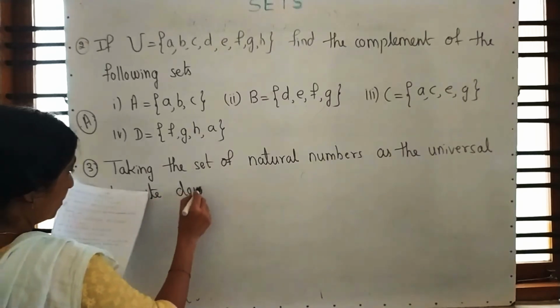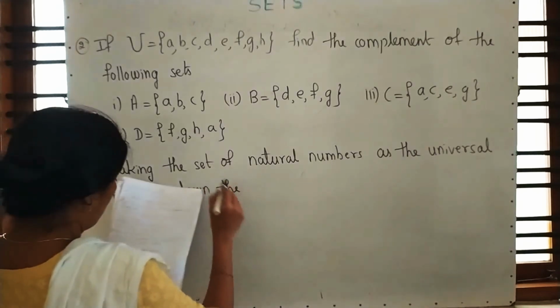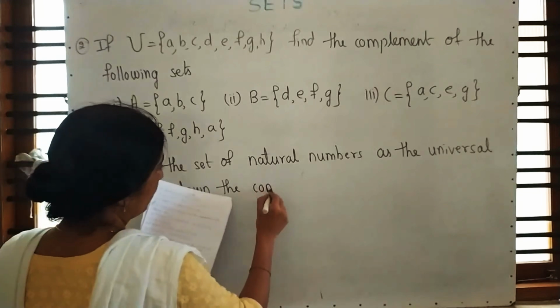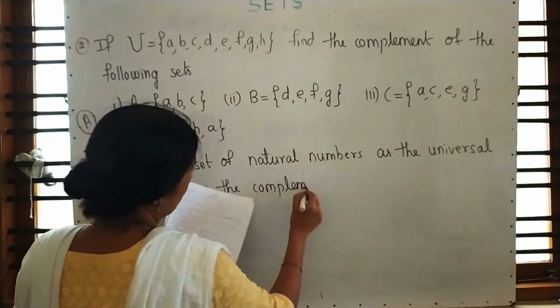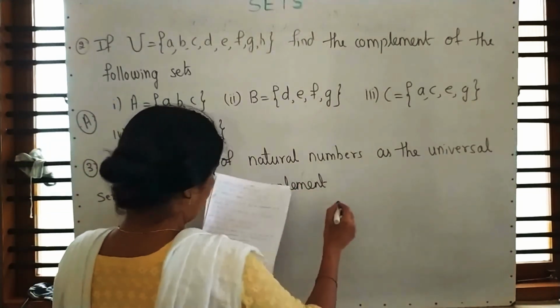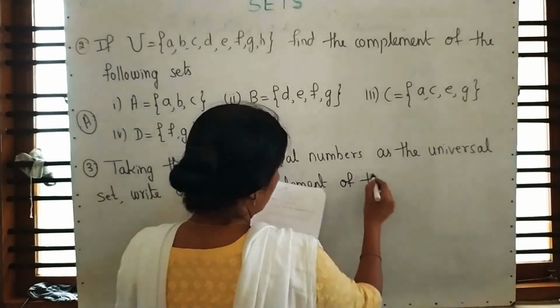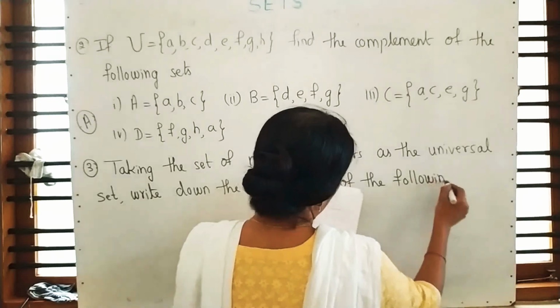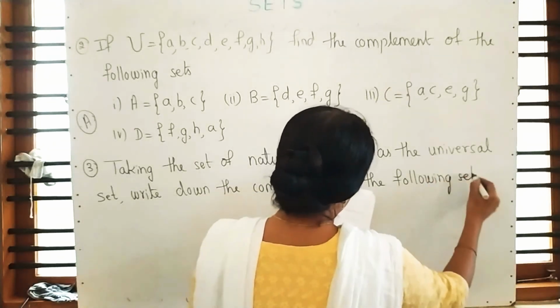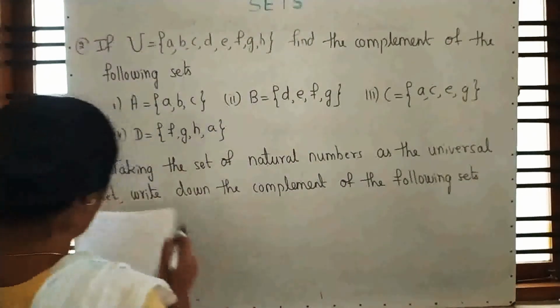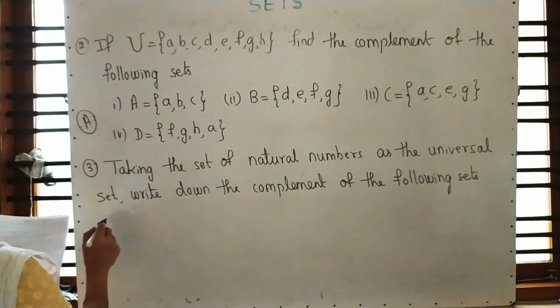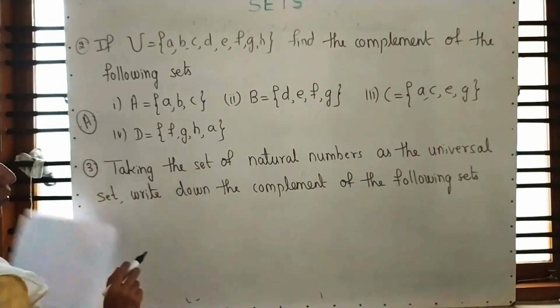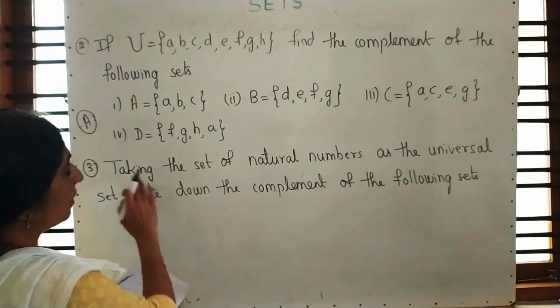Write down the complement of the following sets. Here, before going to the question, first I am writing the universal set.